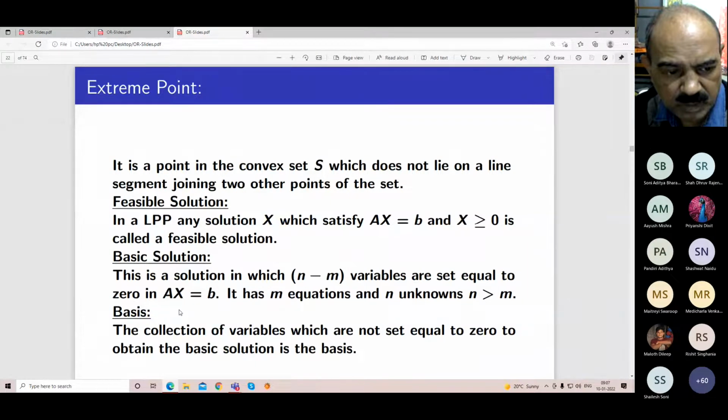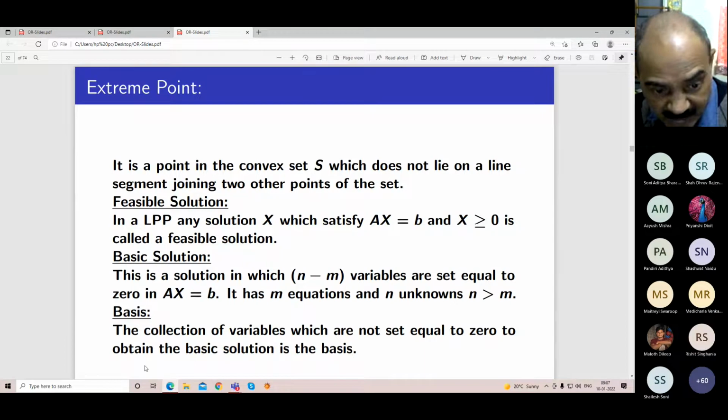I have already mentioned earlier the basic solution. This is a solution in which n minus m number of variables are set equal to 0 in the system Ax equal to b. It has m equations and n unknowns, n is more than m. So we are finding the basic solution in this manner.